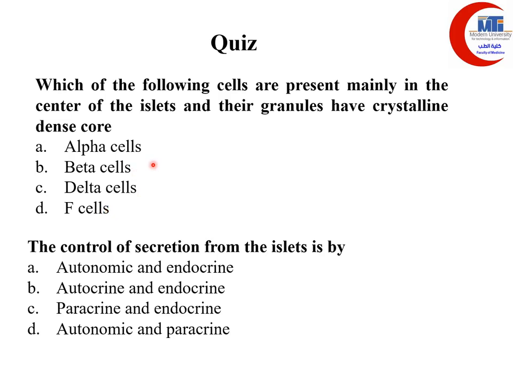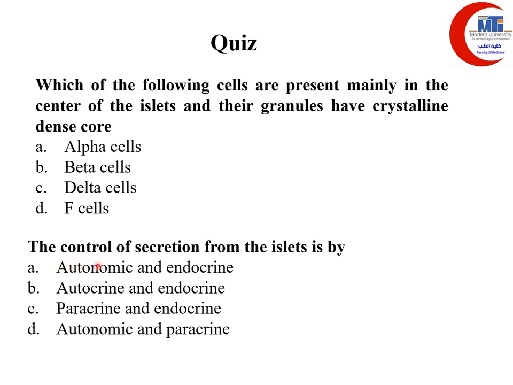Beta cells, this is the character of beta cells, as beta cells are located in the center of islets and their granules also have a crystalline dense core surrounded by a wide electron lucent halo. So the right answer, letter B, beta cells.